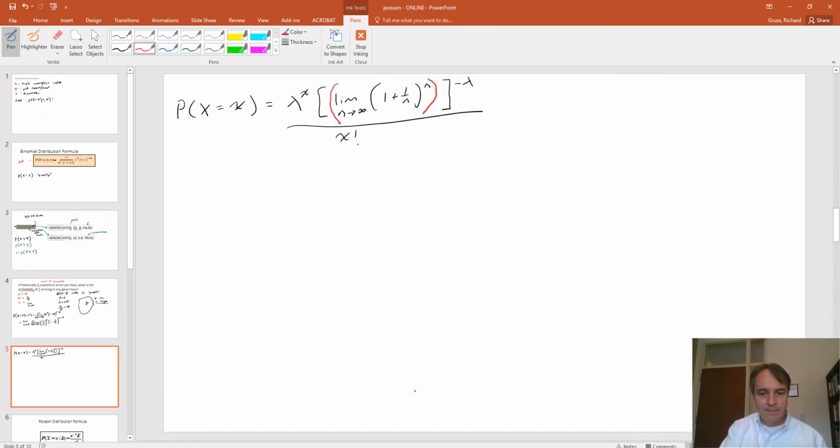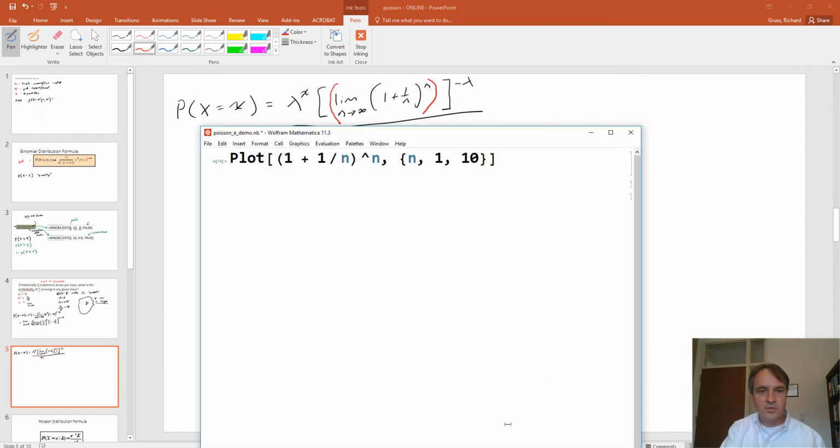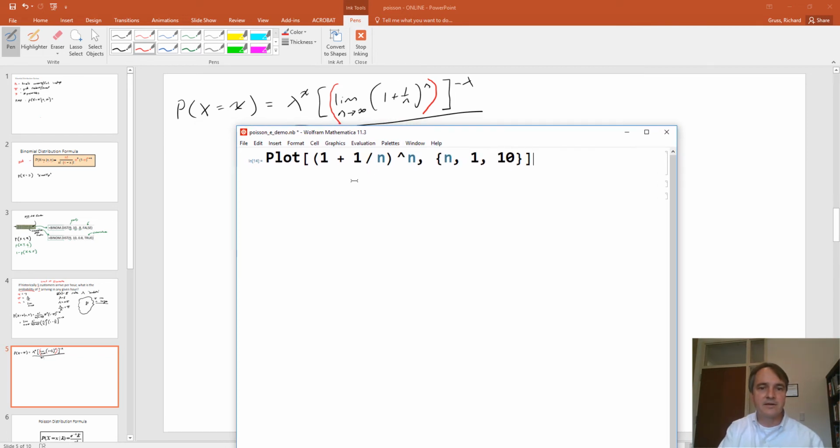We can solve it or we can use definitions, but sometimes I like to just go and see what happens. So I've got this function put into Mathematica here, and I'm just going to plot it for different values. Notice that this is just 1 plus 1 over n to the n.